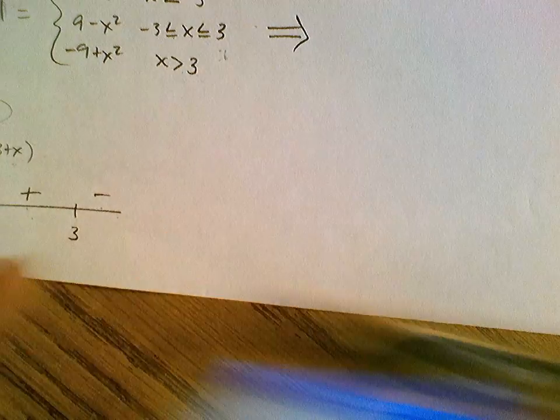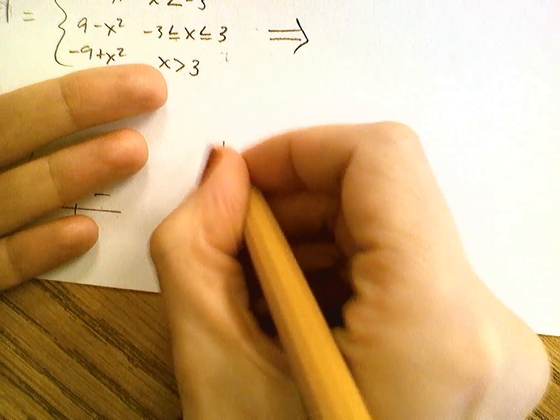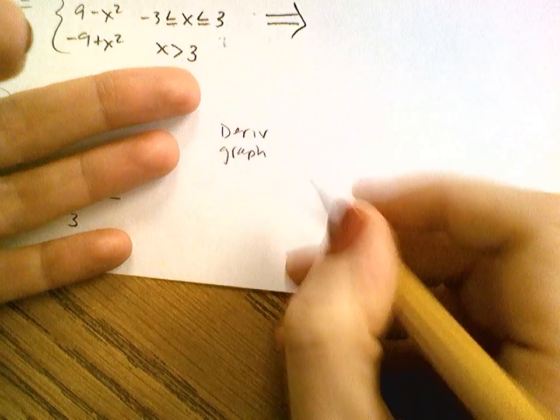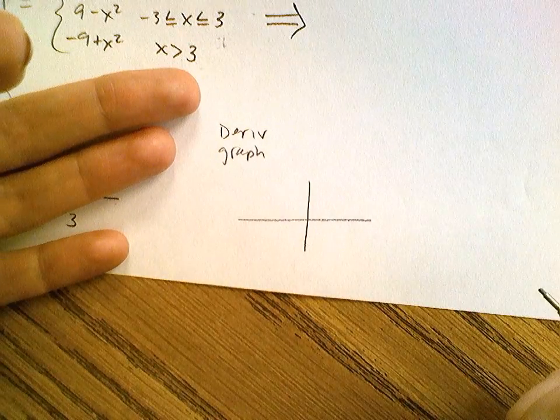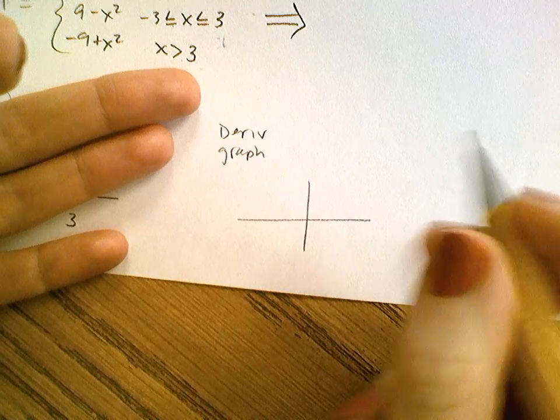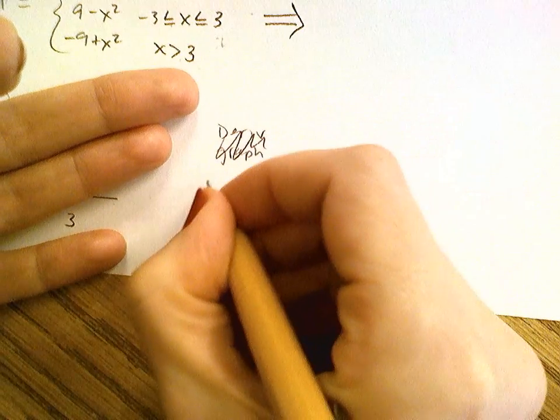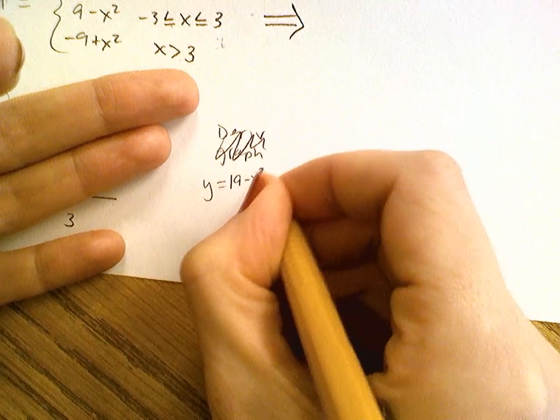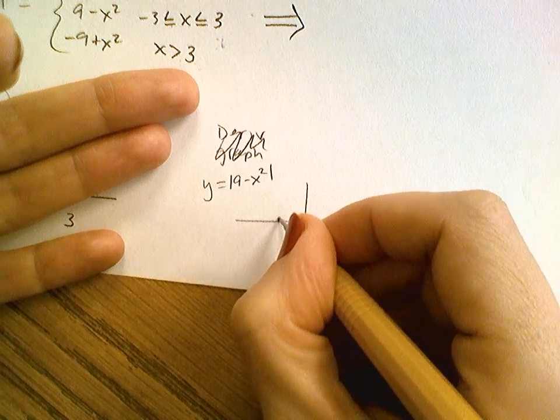So I just want to say to you real quick, not the derivative graph. That y equals absolute value of 9 minus x squared looks like this.